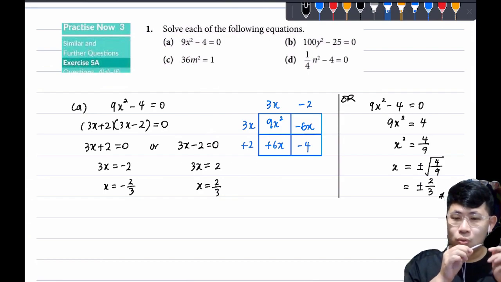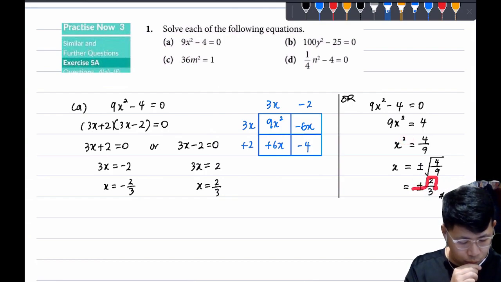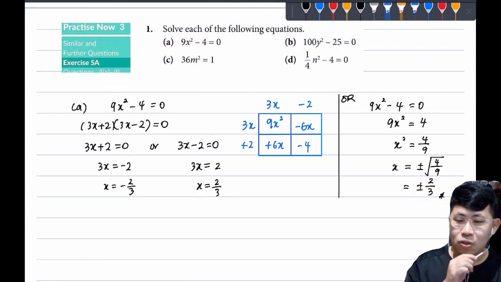Okay, now why is this so? Because imagine positive 2 over 3, when you square it, is going to be a positive number. Negative 2 over 3, when you square it, is also a positive number.